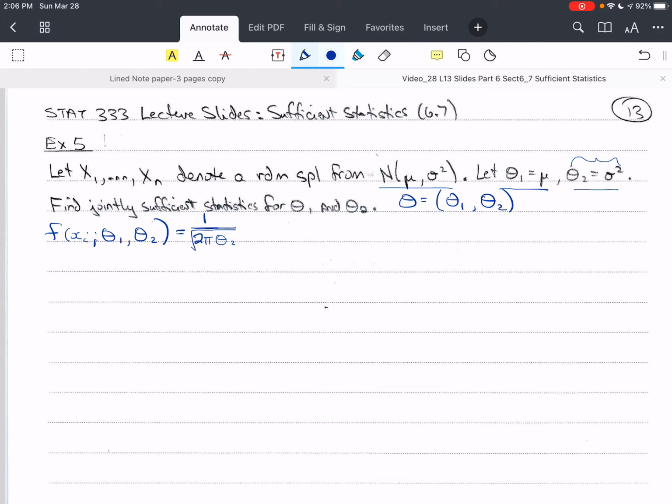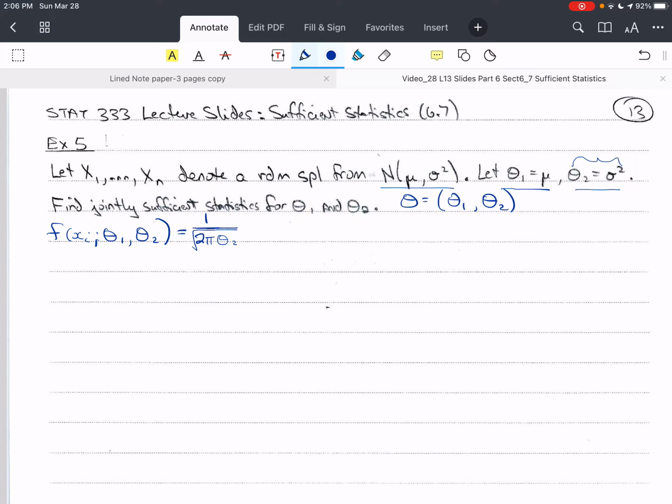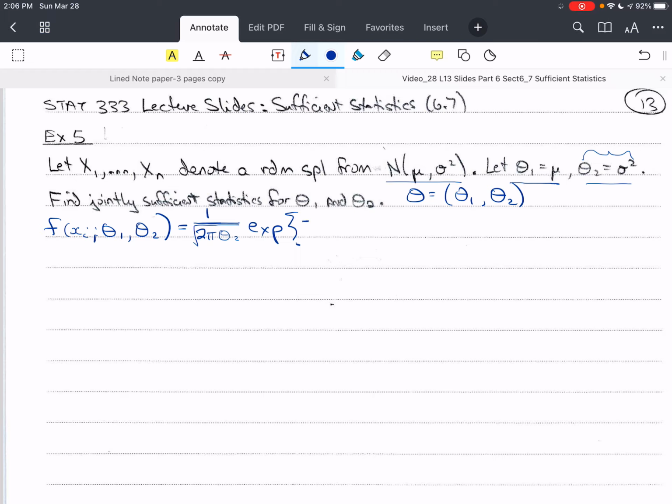This makes it nice in that we have theta 2, not the square root of theta 2. We don't want to deal with that. And then we'll have exp of negative x sub i minus mu quantity squared over 2 theta 2. Mu is theta 1, so negative x sub i minus theta 1 quantity squared over 2 theta 2.